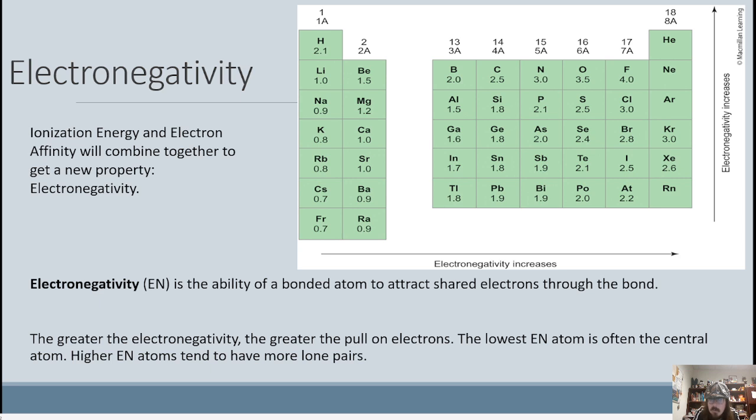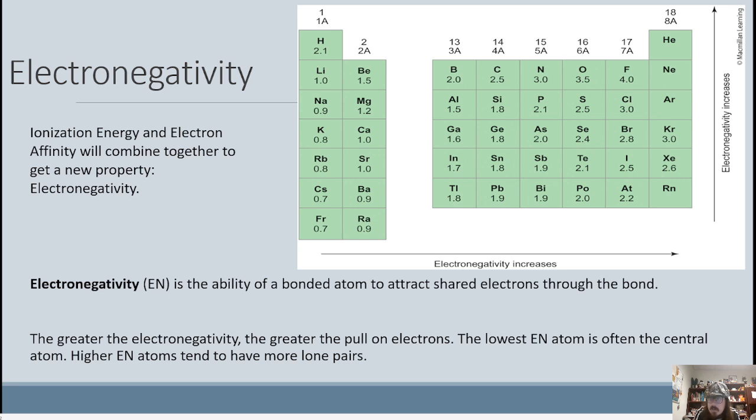Generally speaking, though, the greater the electronegativity, the greater the pull on the electrons, the more likely it is to have lone pairs. The atom with the lowest electronegativity is often the central atom. Remember, the lowest electronegativity is the atom that's most positive. The atom that's usually the most positive gets treated like the cation, and the one treated like the cation always comes first.